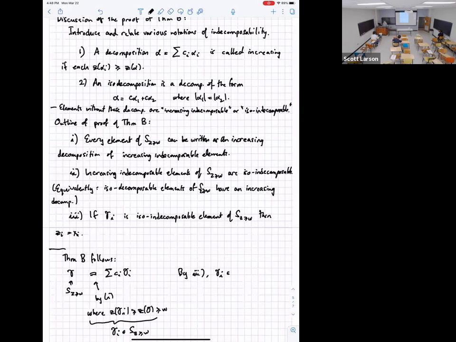That means Xi is also bigger than or equal to W. So by 3, Z gamma i is in S, X bigger than or equal to W. And so we decompose our element and turn it into S. So this is in the cone over A of S, X bigger than or equal to W. So that's the outline of the proof.